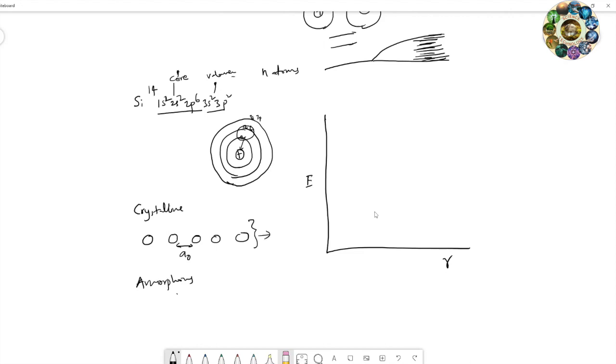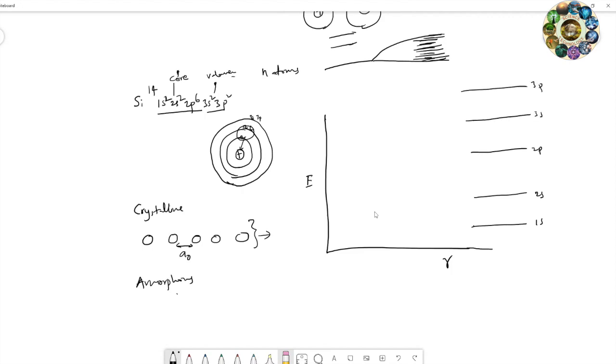When these atoms are brought together to form an interacting system, that gives the splitting of energy levels to form a band. When these atoms are far apart, all are discrete energy levels: 1s, 2s, 2p, 3s and 3p.